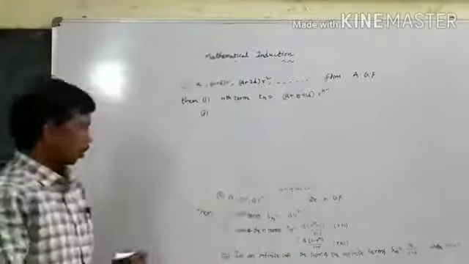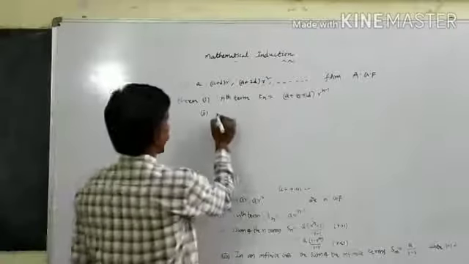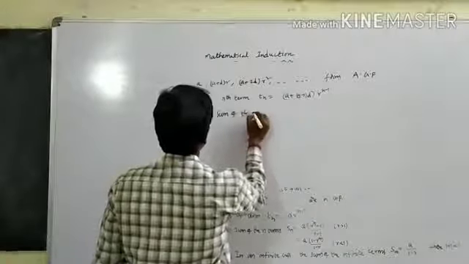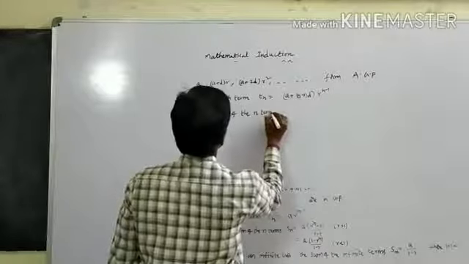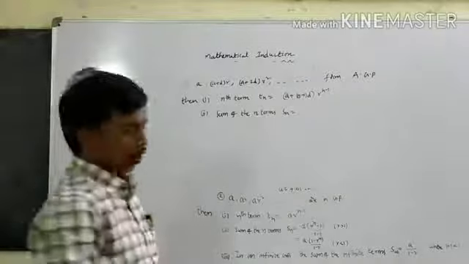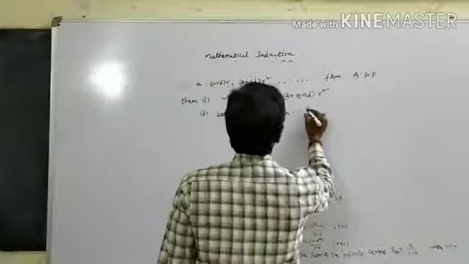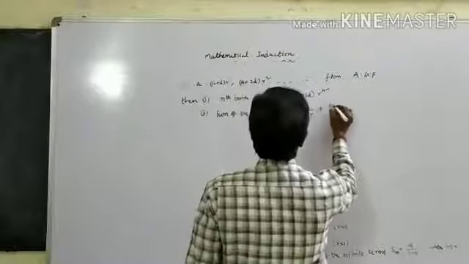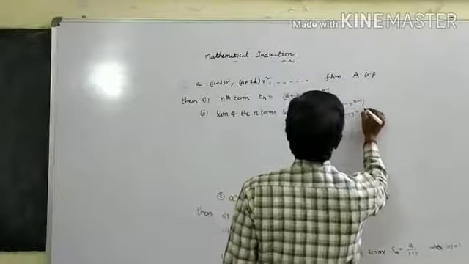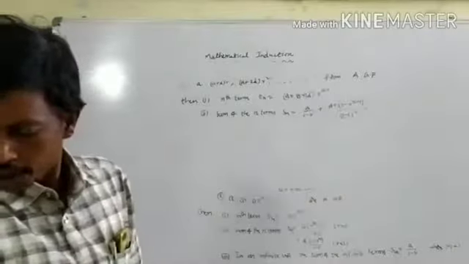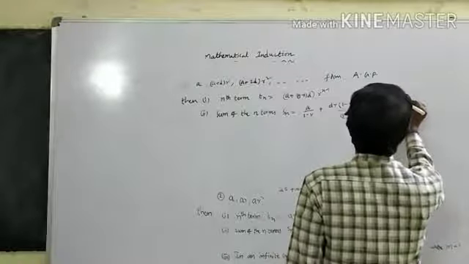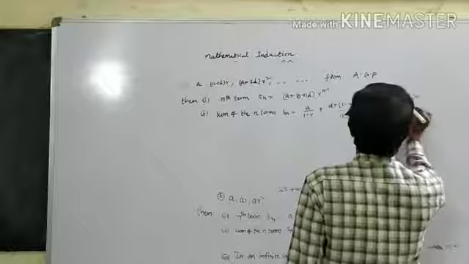Second one, the sum of the n terms, Sn equals a by (1 minus r) plus dr times (1 minus r power n minus 1) by (1 minus r) whole square minus (a plus (n minus 1) d) times r power n by (1 minus r).